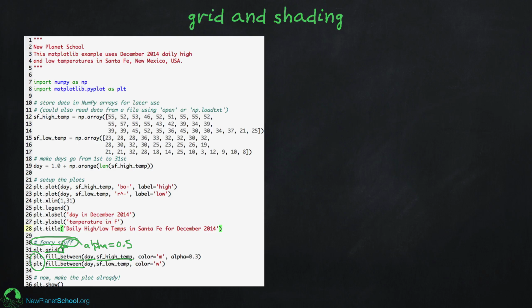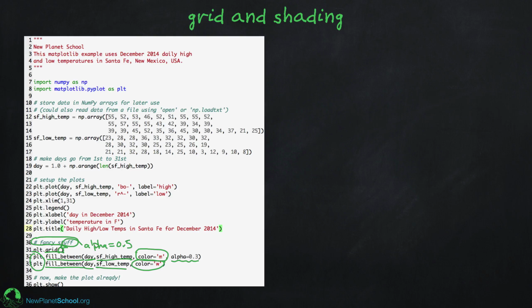And Santa Fe high temperature, day, Santa Fe low temperature. Now what I do for the high temperature is I give it a color, which M means magenta. And notice I use the alpha to make it a little bit dim. Then the next fill command goes from the bottom of the axis up to Santa Fe low temperature, and I make that white, which covers up the magenta part at the bottom of the graph.